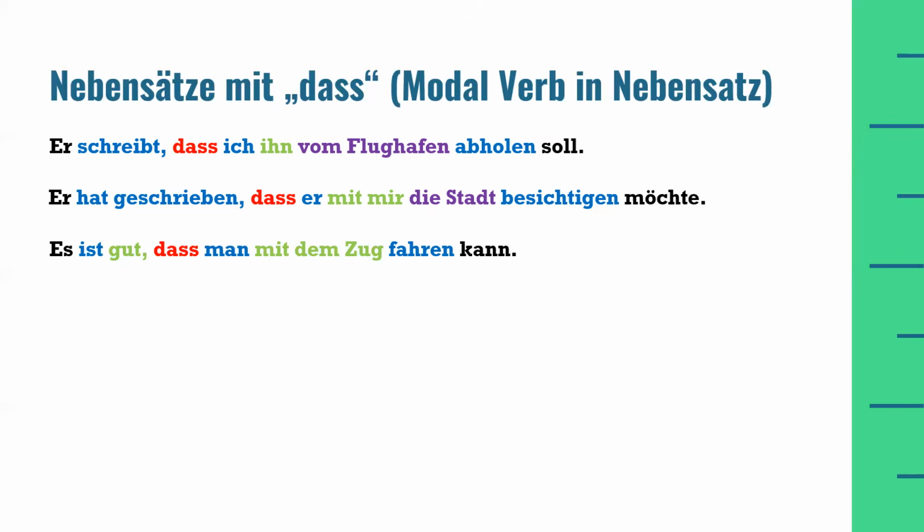So we have to use the definite article for a masculine noun Zug in the dative case, which is dem. Then comes the verb, which is fahren. So fahren will remain fahren. We will not conjugate it because the conjugated verb is the modal verb können, and it is conjugated according to the subject man and becomes kann and comes at the last position of the sentence.